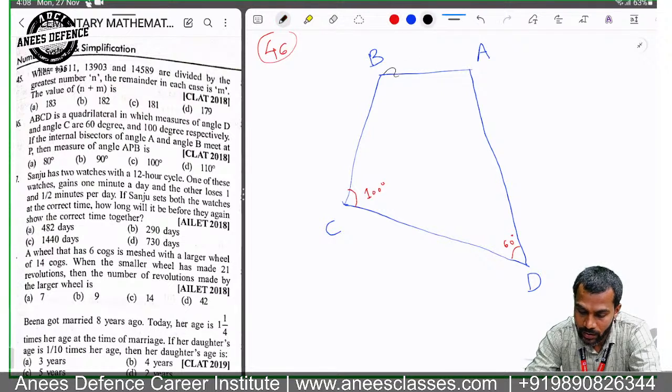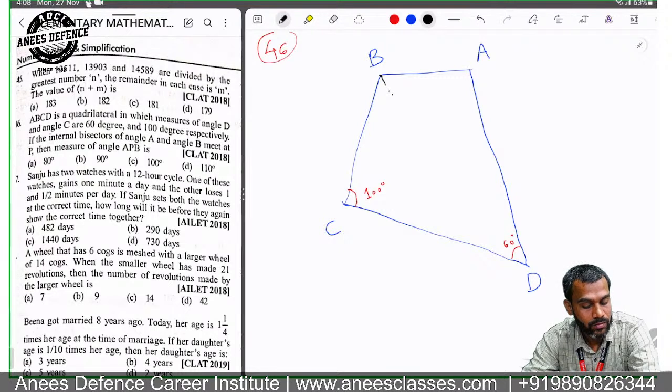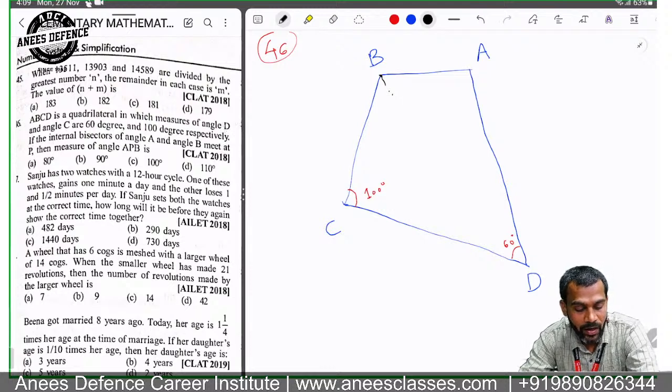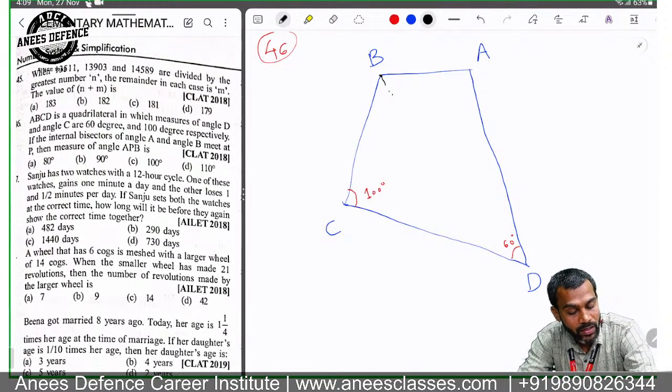So, this is the angle bisector of angle D and C. Order is important. Respectively, angle D and C. See, angle D and angle C are 60 degrees and 100 degrees respectively.